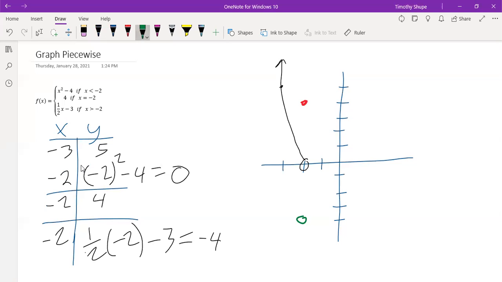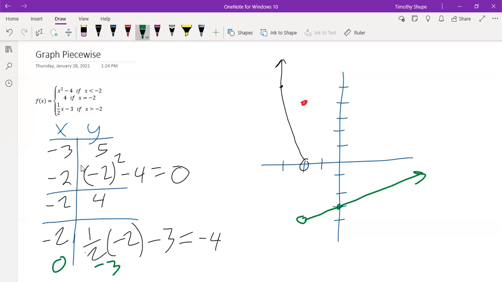I'm going to plug in a 0 just so I know where it crosses the y-axis. 1/2 times 0 is 0, minus 3 gives me -3. So 0, -3 puts me right on the y-axis. Then I'm going to connect those with a straight line going to the right, because x is greater than -2, which means we're on the right side of -2.